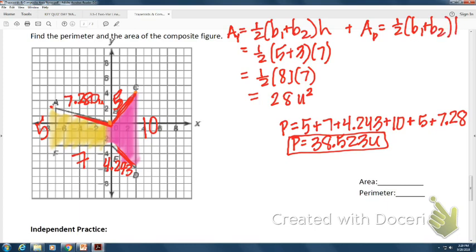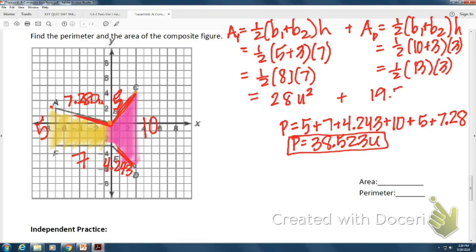Okay, now I need my area of my pink trapezoid. What are my bases for my pink trapezoid? And my height? 3. So 1/2 of 13 times 3. 19.5 what?